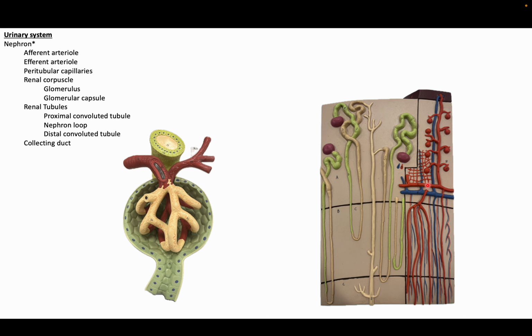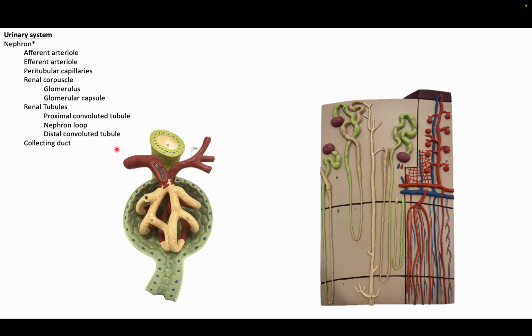So essentially what you're looking at here is the nephron. It's a functional unit that produces urine inside of the kidney, specifically in the renal cortex area. At the beginning of the nephron, we have the renal corpuscle, which includes the glomerulus, these slits that you see here, and the glomerulus capsule.